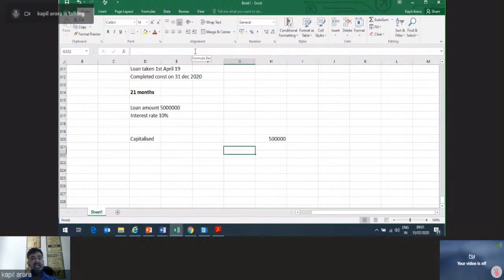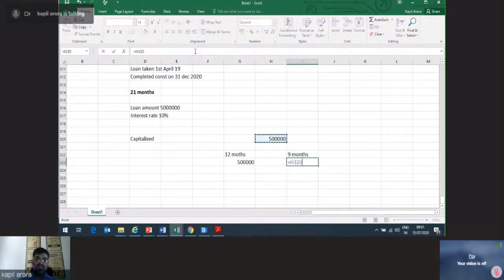It means for this year I will add full 12 months. For next year I will add 9 months. The full 12 months interest is 5 lakh. For 9 months it is 5 lakh into 9 divided by 12. So the total interest cost which will get capitalized is 8,75,000.